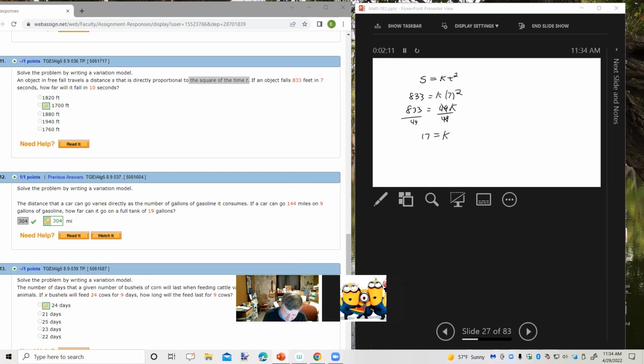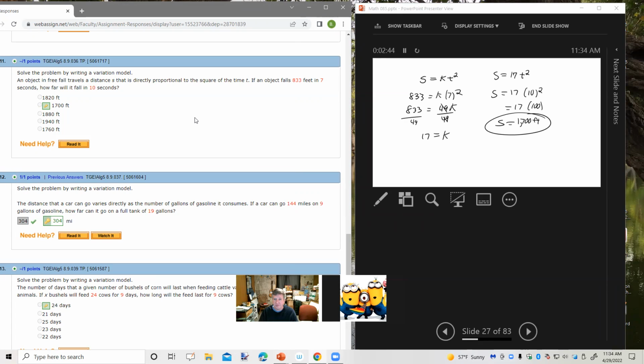So k is 17, and now I've got s equals 17t squared. Now, how far will it fall in 10 seconds? s equals 17 times 10 squared, which is 17 times 100, which is 1700 feet. All right with that? Yes.